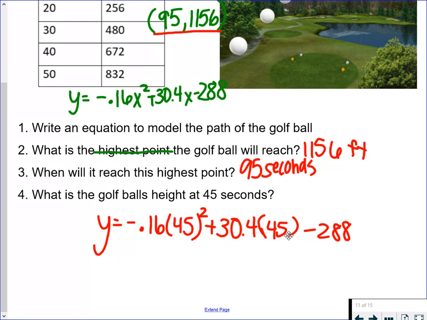So then I just get out of the graphing, I go to my normal home screen, and I plug in 45. So I should reach about 756. Anyone not getting those values, please, please, please let me help you.